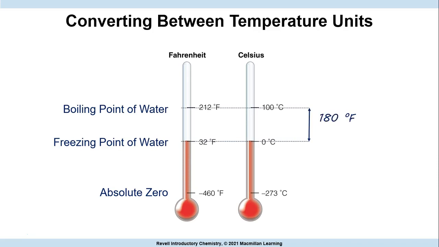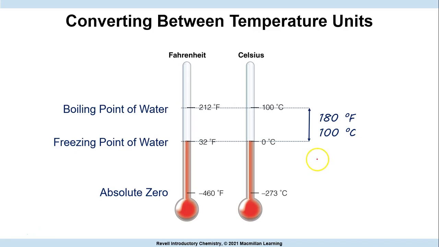If you take 100 degrees Celsius minus 0 degrees Celsius, that gives you 100 degrees Celsius. So you see that 100 degrees Celsius is equal to 180 degrees Fahrenheit. That is the main information that we are going to be using to convert from degrees Celsius to degrees Fahrenheit.